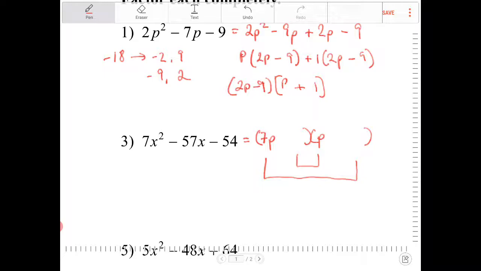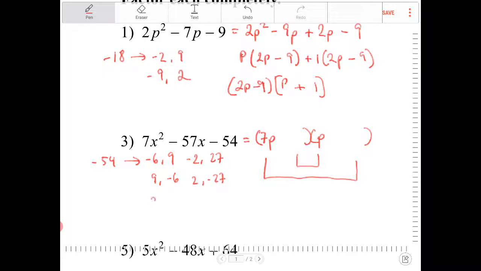Well, negative 54, what are some numbers that multiply to negative 54? That's negative 6 and 8, right? And then we can have, not 6 and 8, 6 and 9. Or we can have 9 and negative 6. Or we can have 2 and 27, or negative 2 and positive 27, or 2 and negative 27.